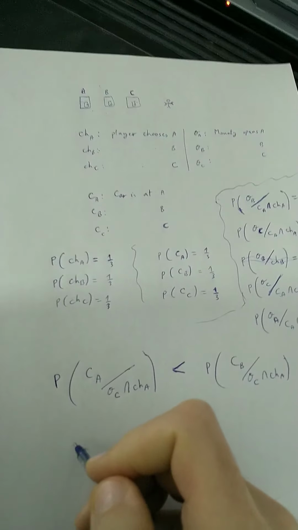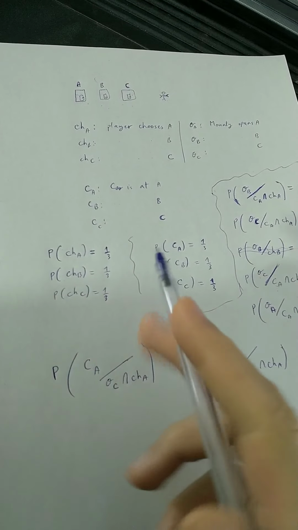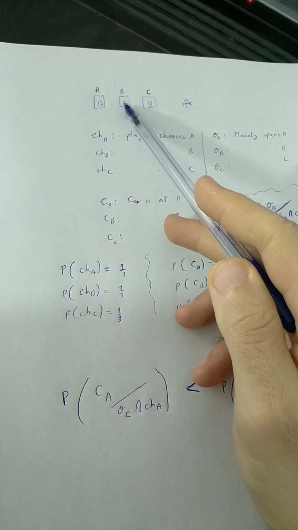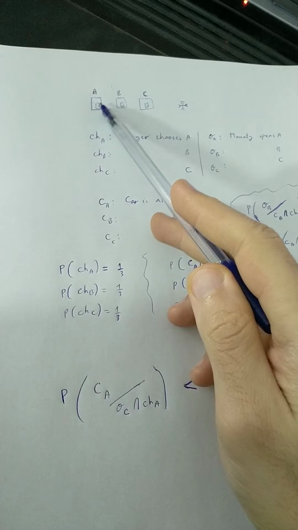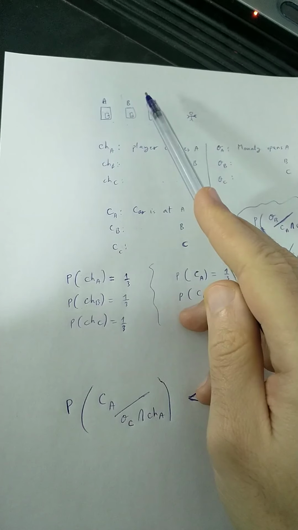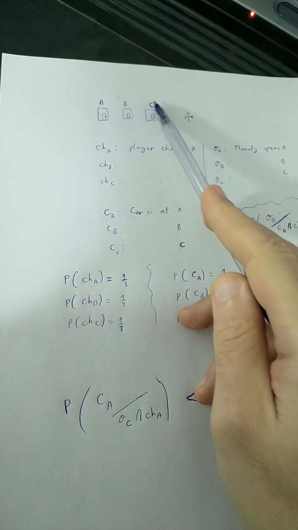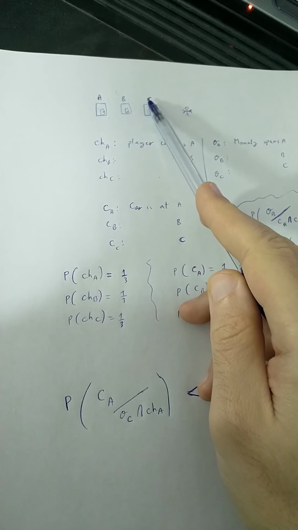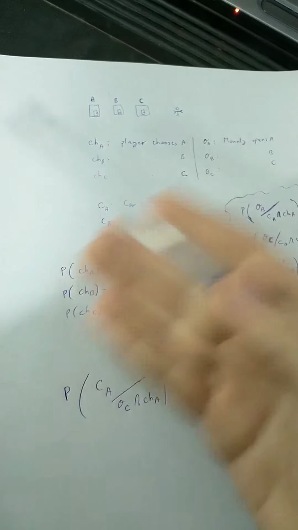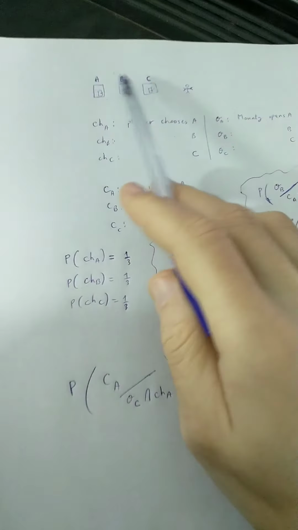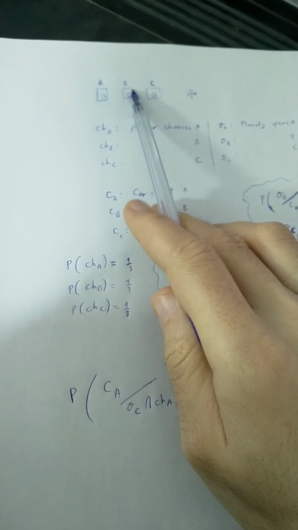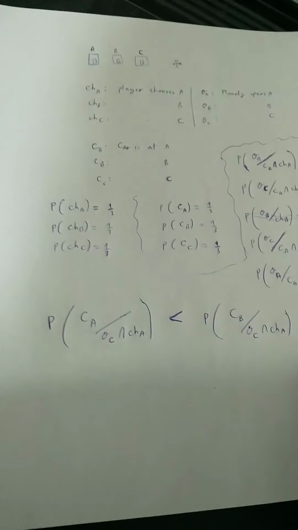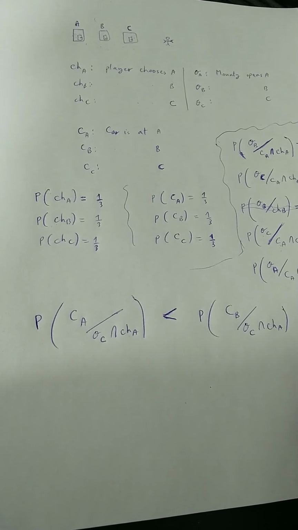Likewise, say, for example, Monty opens B and you've chosen A, so now you have two choices, either A or C. You have to prove now that the probability at C is bigger than the probability at A, under the same conditions, if you choose A and Monty opens B. Anyway, we will stick to this. If we are able to prove this, then it will be sufficient.